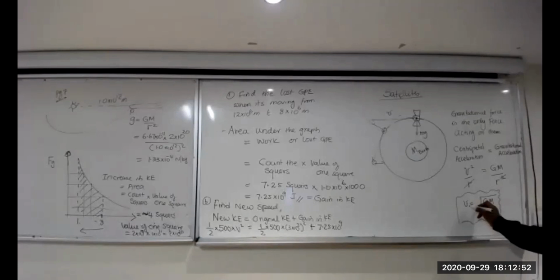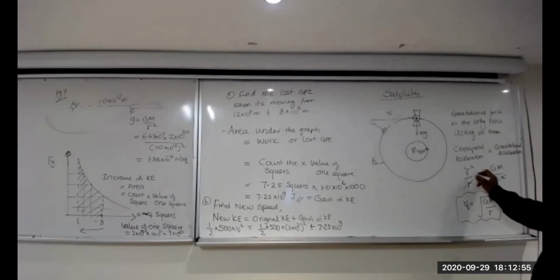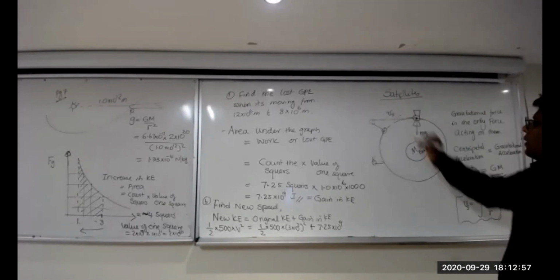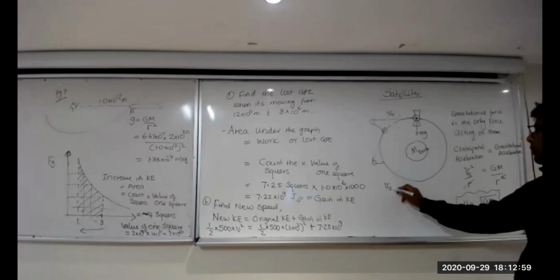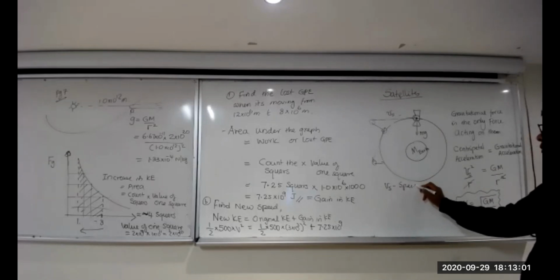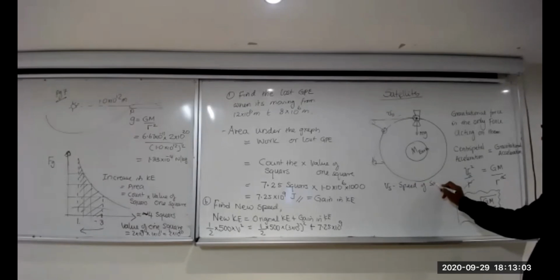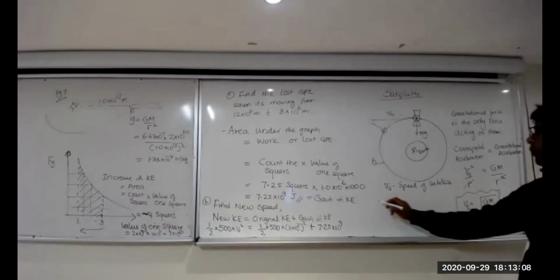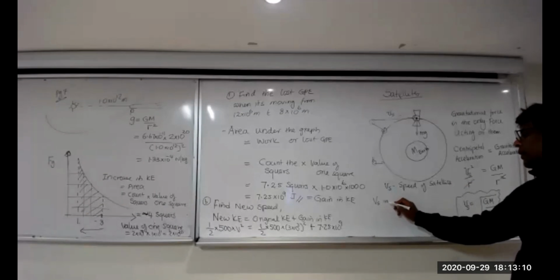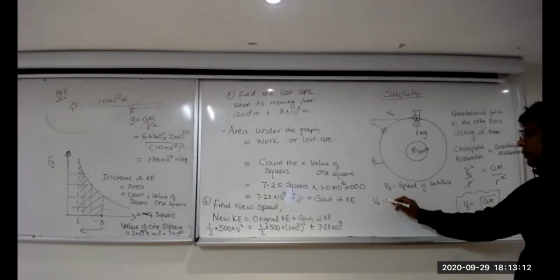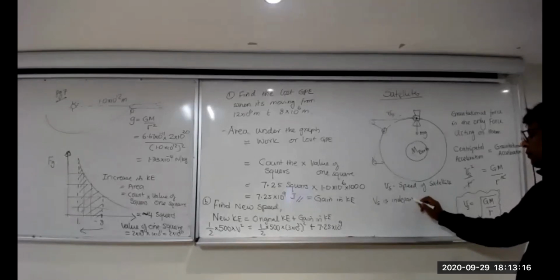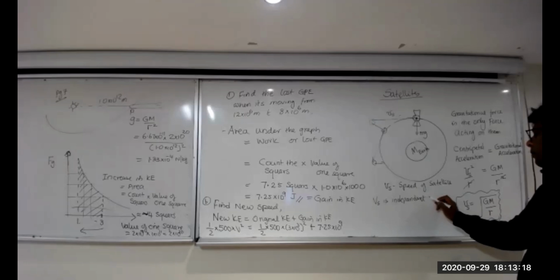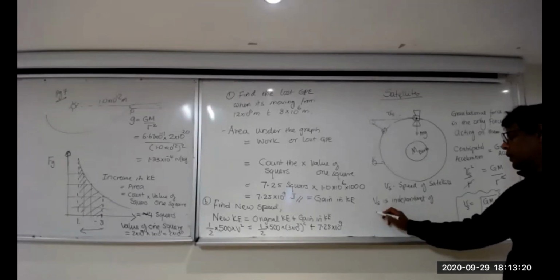Vs is the speed of the satellite. Vs is independent of the satellite's own mass.